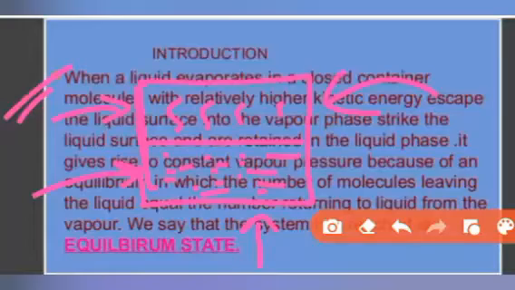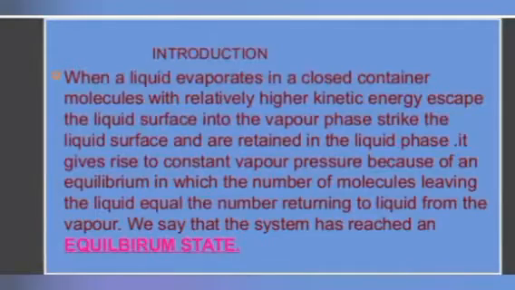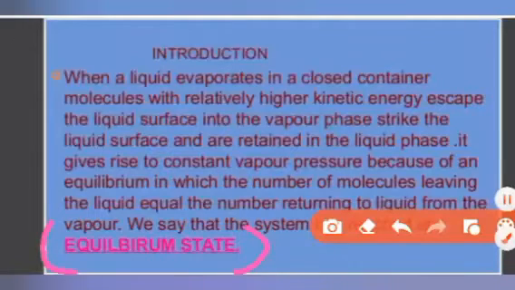It means that when these gas particles reach the surface, they will start becoming drops again, condensation. So one stage will come when the liquid and vapor state will remain the same. At that stage it is called the equilibrium state.